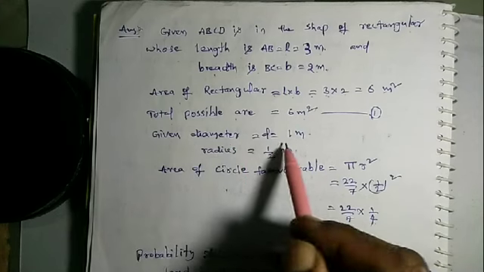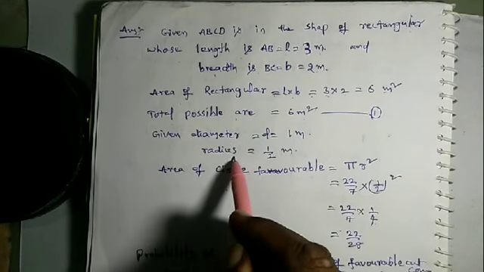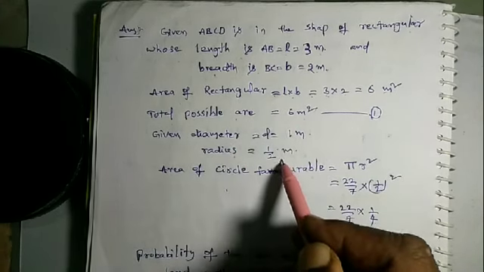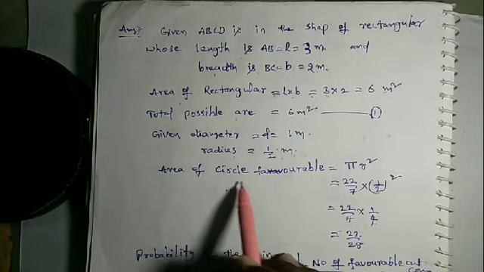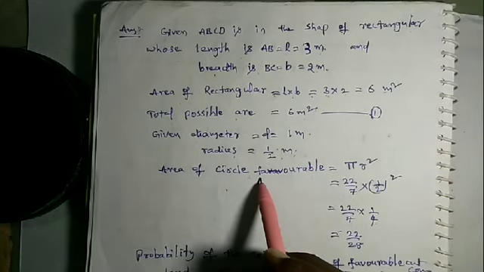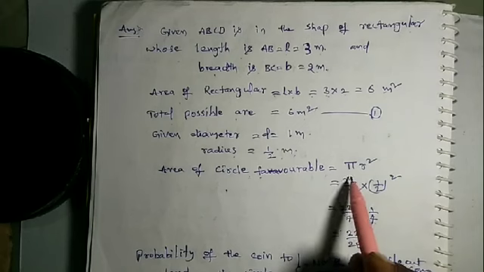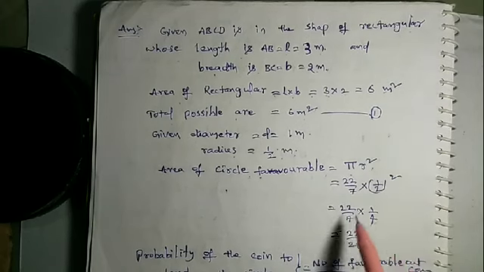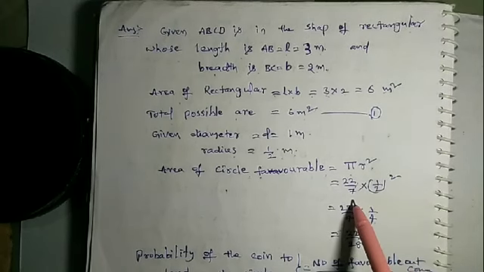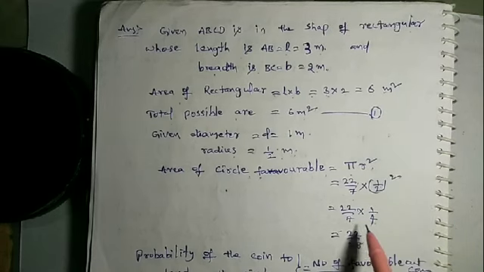Given diameter is equal to 1 meter, radius half meter. Area of circle, the favorable outcomes, is pi r square. Pi means 22 by 7 into 1 by 2 whole square. 22 by 7 into 1 by 2 whole square means 1 by 4, that is 22 by 28.